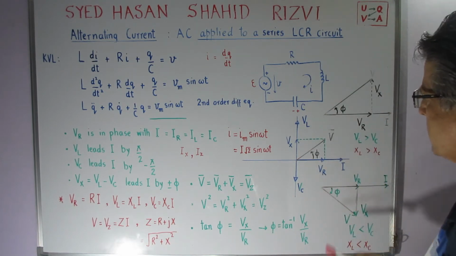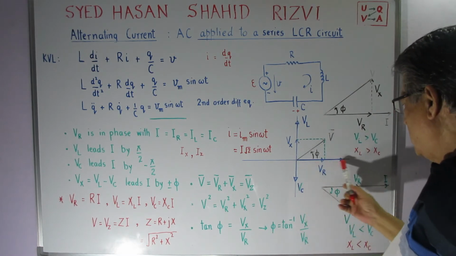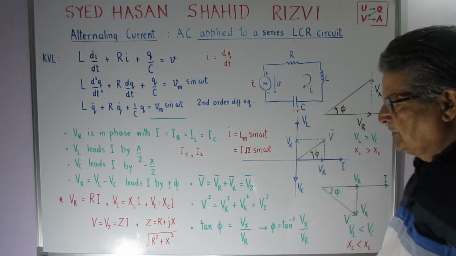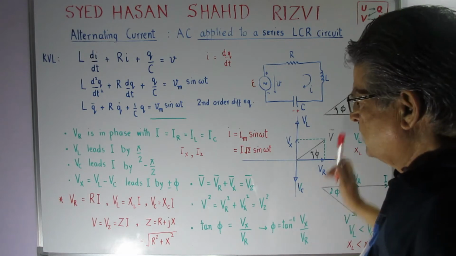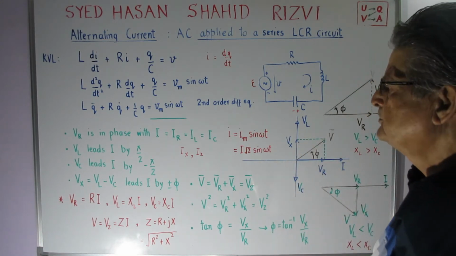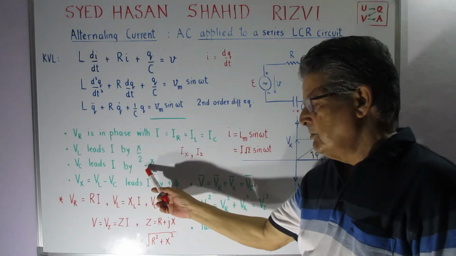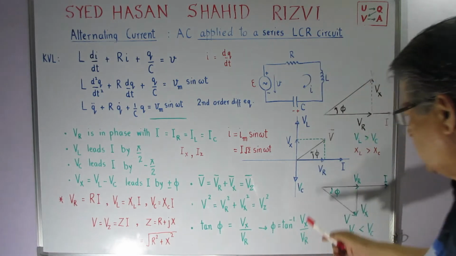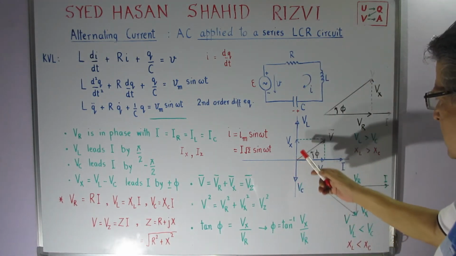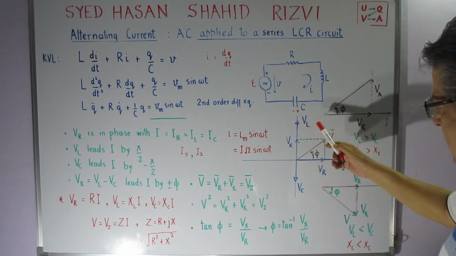Very simple, understandable, along the x-axis and along the y-axis. If you want, you can just tilt the whole thing if you like. VC lags I by pi by 2. That means this is the VC and this is the VL. And I have shown here that my VL is greater than VC.